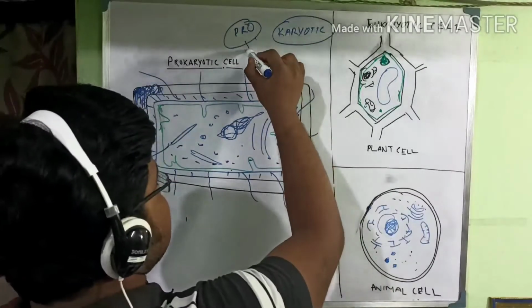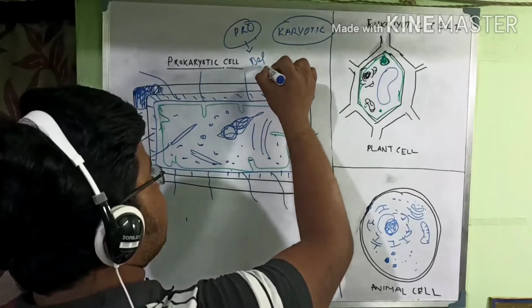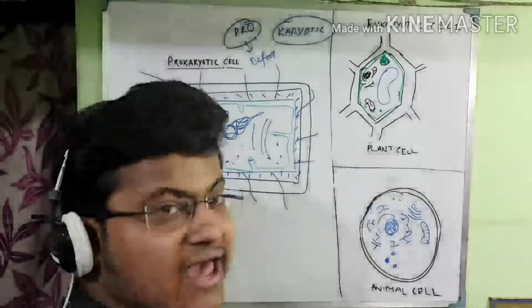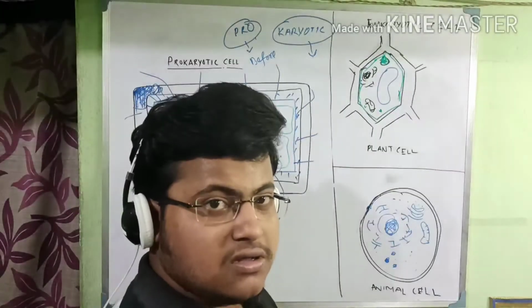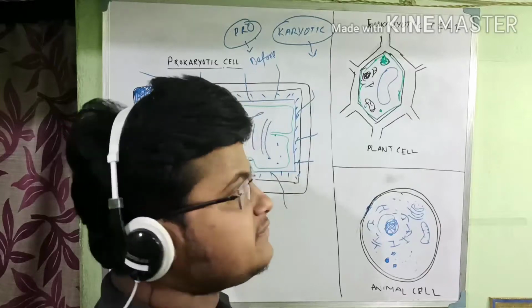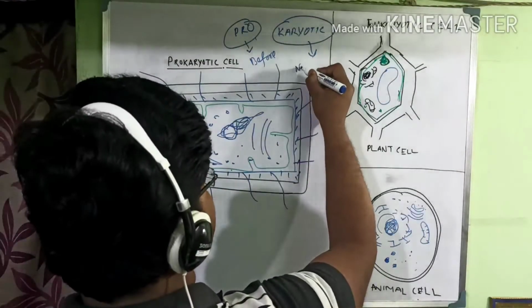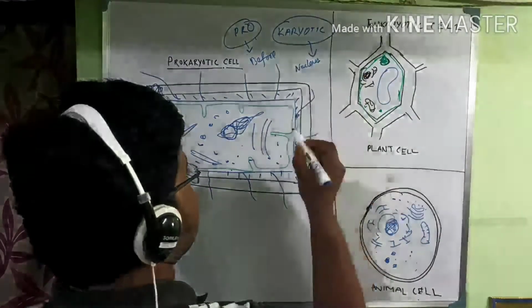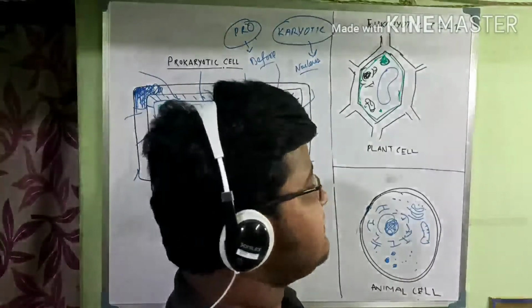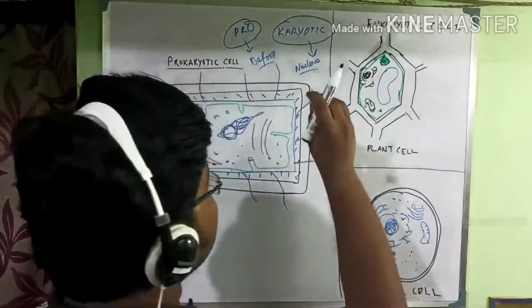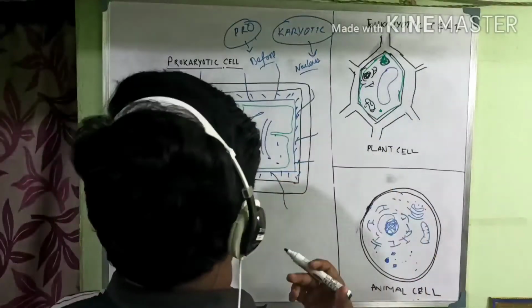Pro means before or ancient, and karyon means nucleus. So the ancient nucleus type, or the nucleus was ancient.